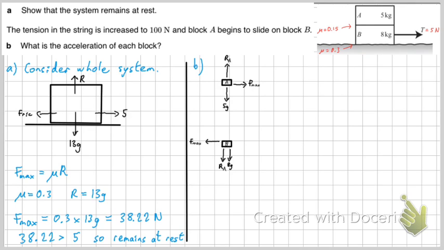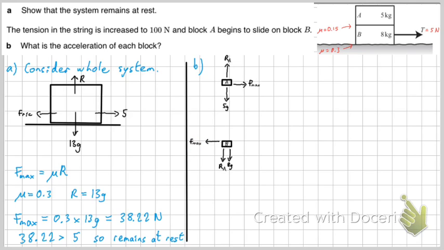Also F max is going to be equal and opposite, because this force here on A is caused by block B, so we'll get an equal force but pointing the other way, acting on the top of block B, from block A. So again, I'm going to call both of those the same thing in the diagrams.